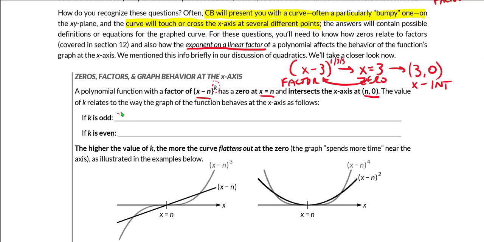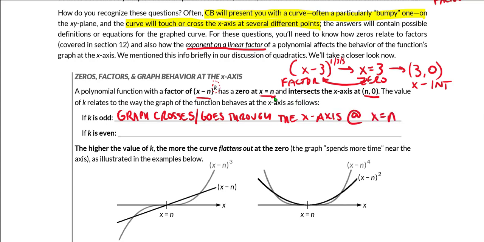So after "if k is odd," we're going to write down: graph crosses / goes through the x-axis at the 0, at x equals n.